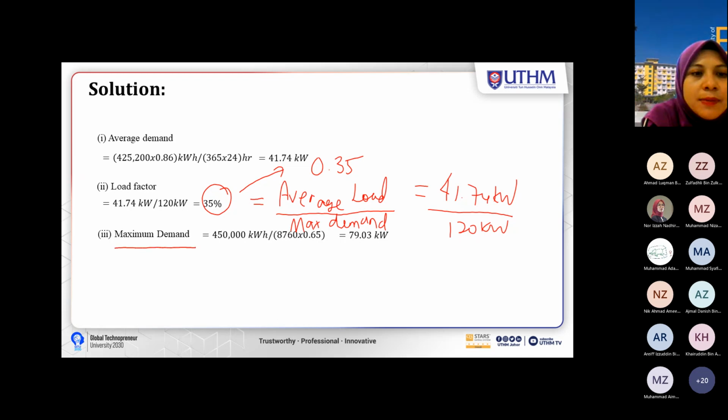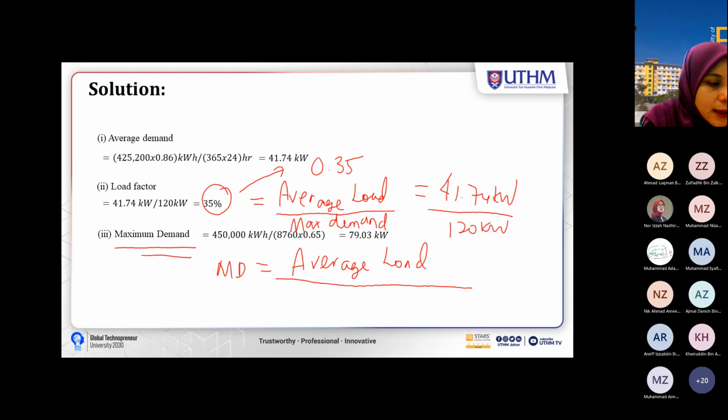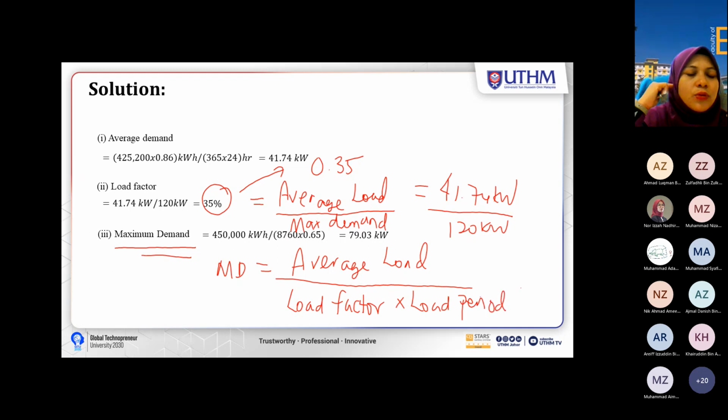Kemudian kita tengok maximum demand. Rumus dia adalah average load, you divide by load factor, kali dengan load period. Untuk soalan yang ketiga, dia bagi tahu average load dia adalah 450,000 kilowatt hour.